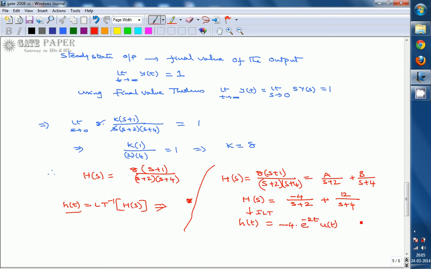So here a equals 2 for the first term, and for the second term a equals 4. Finally we get h of t equals -4 into e power minus 2t u of t plus 12 into e power minus 4t u of t.